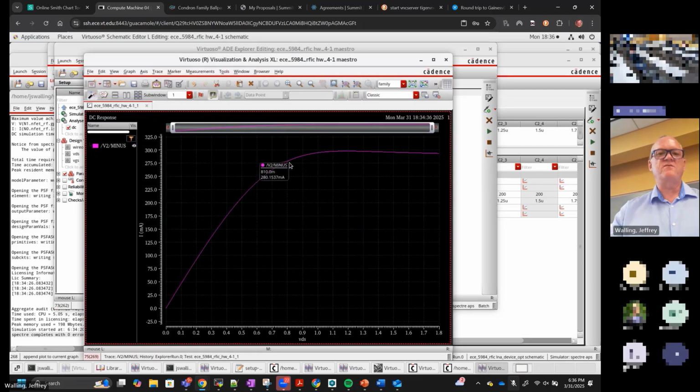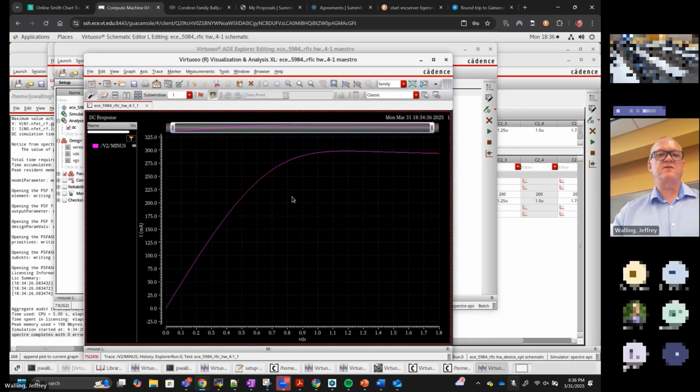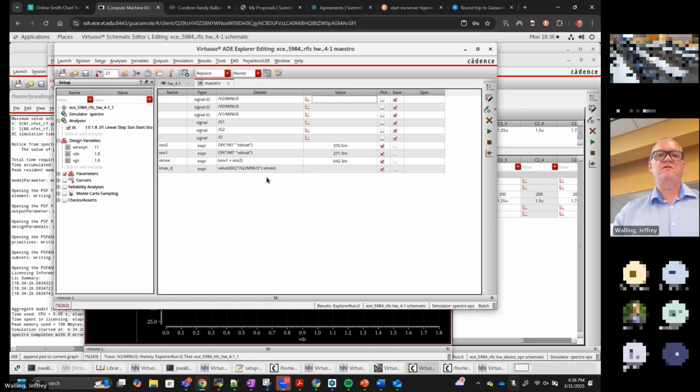The max drain current we know is happening somewhere around this region because that's where the knee voltage is. It tells me that it's exactly at 642 millivolts in this particular case. So somewhere right around here, and it tells me that the drain current's 250 milliamps. In fact, we just calculated that a minute ago, but it was somewhere in that ballpark, 200 something milliamps.